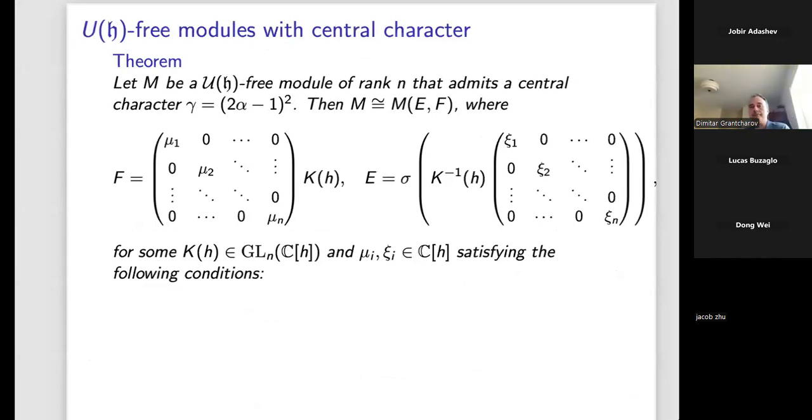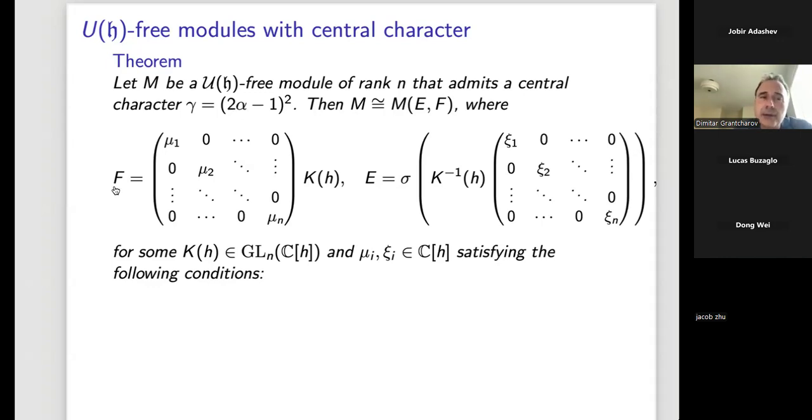So how does this Smith normal form help? If we start with a module with fixed central character, and to this central character we can associate alpha, or vice versa. We will start with alpha, which will result in a fixed central character.